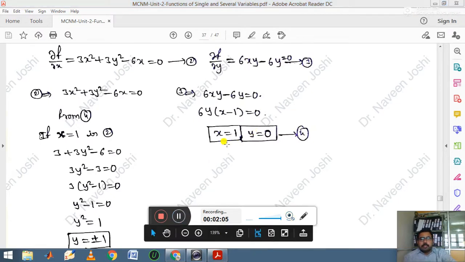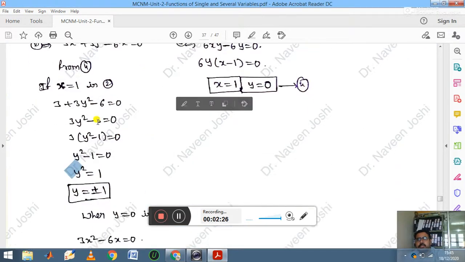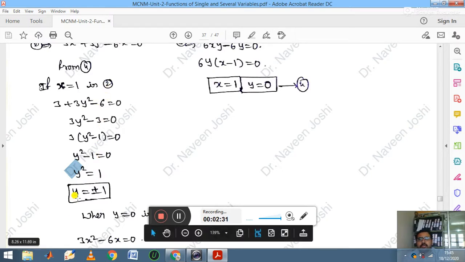Substitute x equals 1 in equation 2 and find the corresponding y value, and use y value 0 in equation 2 and find the corresponding x values. Let us proceed. First use x equals 1 and find the corresponding y value. Substituting x equals 1 in equation 2 and solving, you are getting y value plus or minus 1. Here 1 comma plus or minus 1 is one set of points.